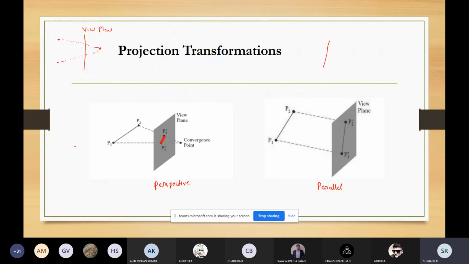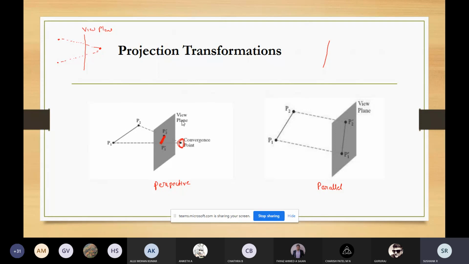So this is an example. Here we have two endpoints which are represented by P1 and P2. These two lines, we are generating hidden lines which are meeting at some point after the view plane, which we are calling the convergence point. Now you can see the line segment that is formed, represented by the points P1 dash and P2 dash on the view plane.